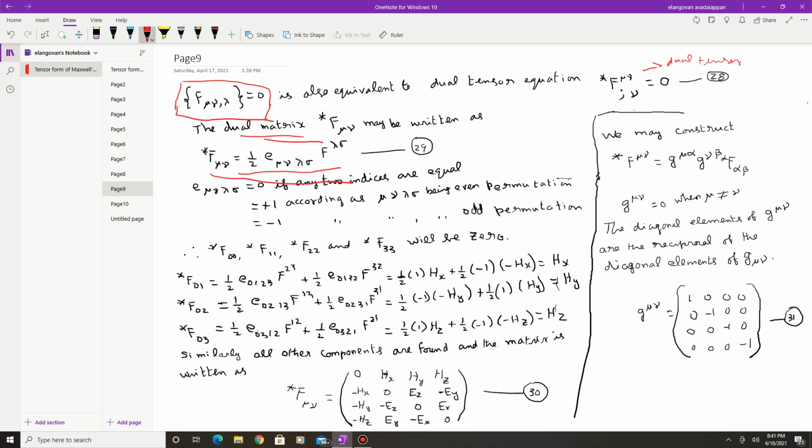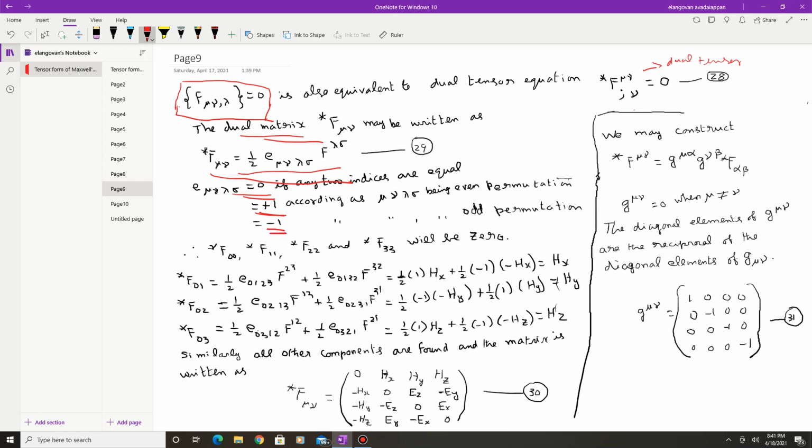Now the meaning of E mu nu lambda sigma: it is equal to 0 if two indices are equal, plus 1 if mu nu lambda sigma are an even permutation, and minus 1 if they are an odd permutation.